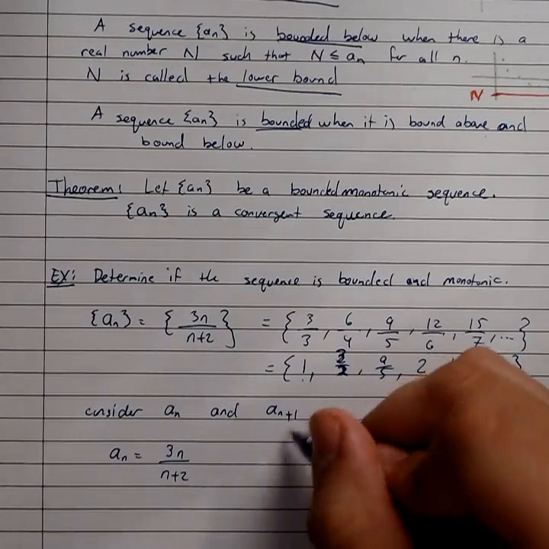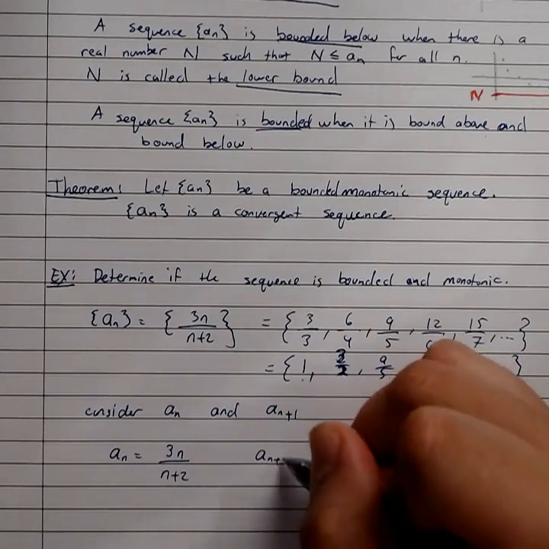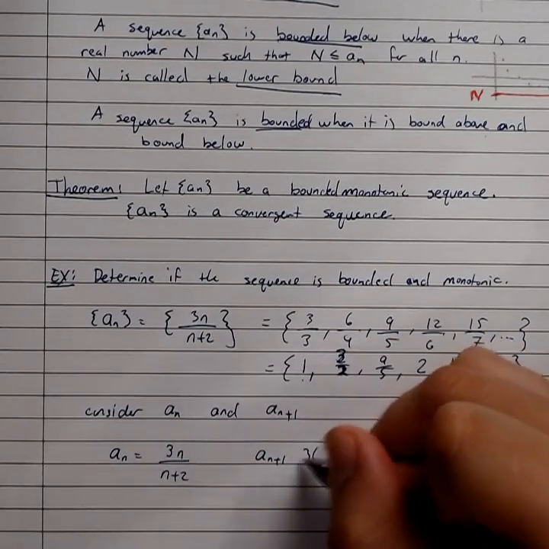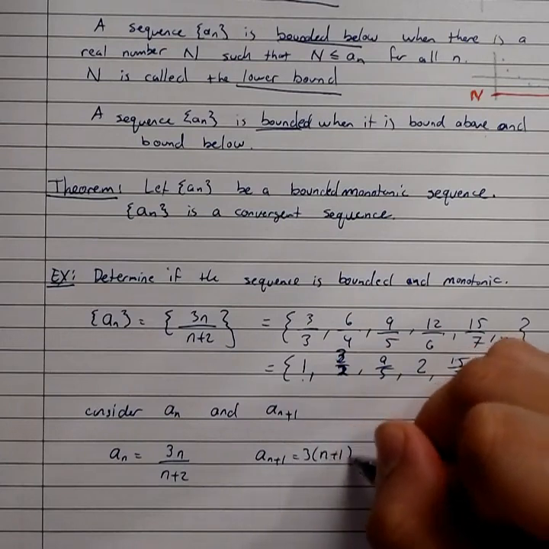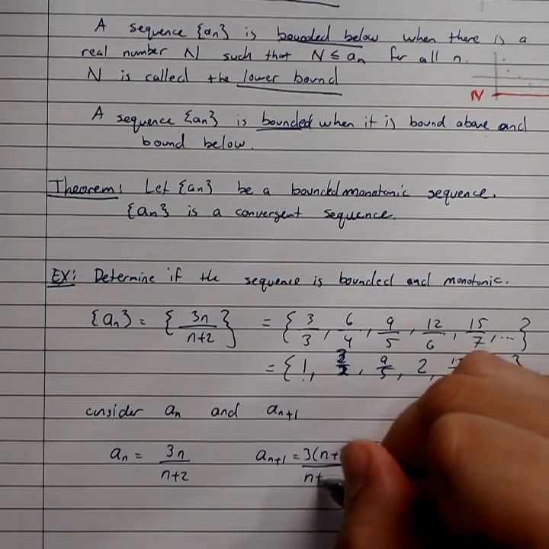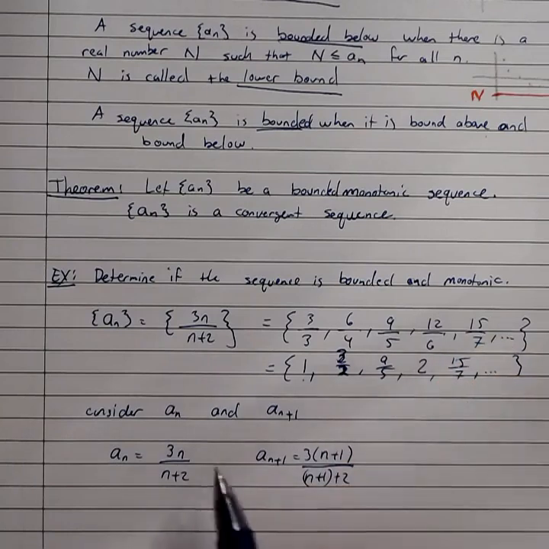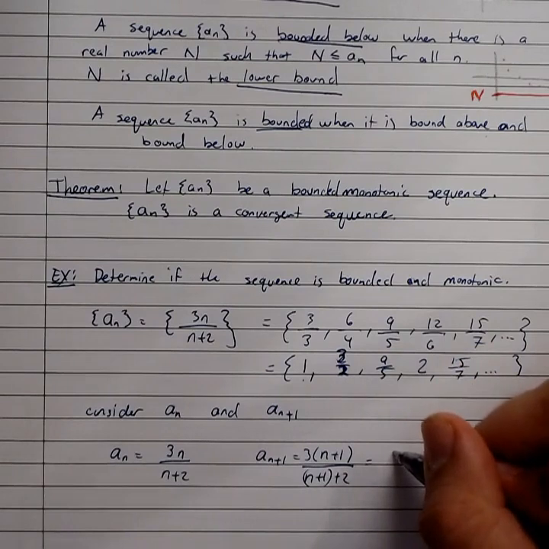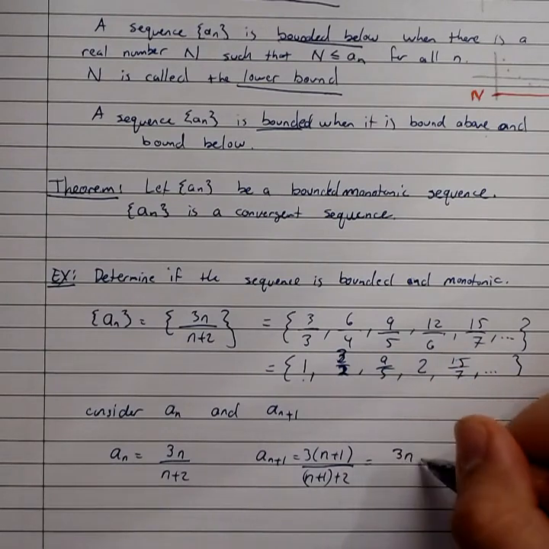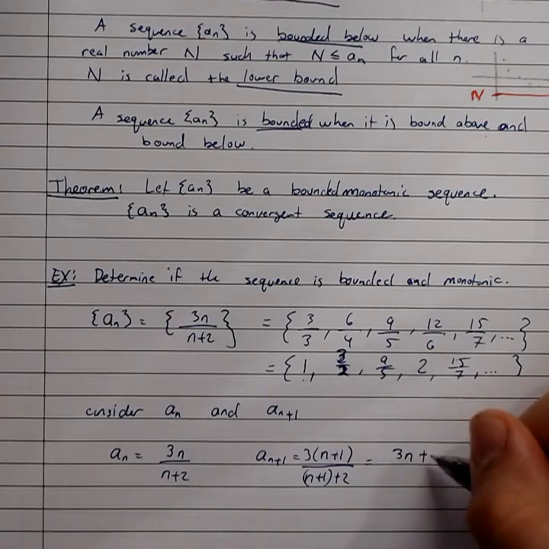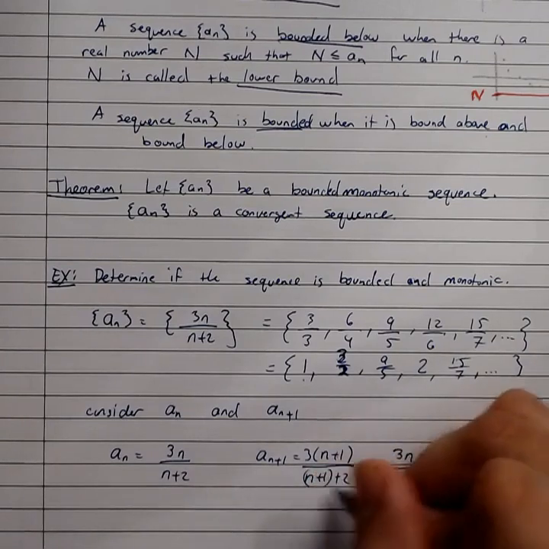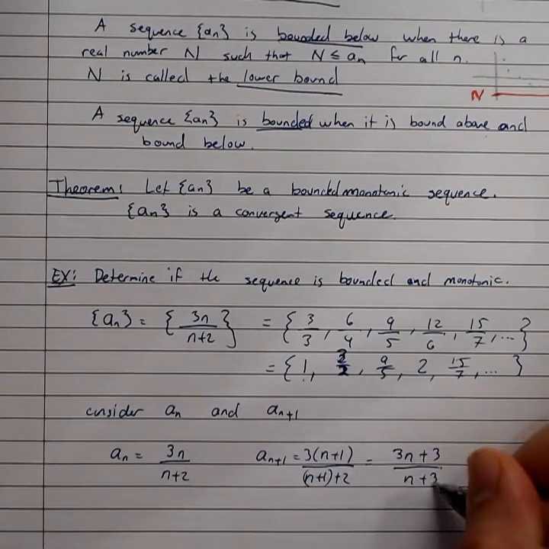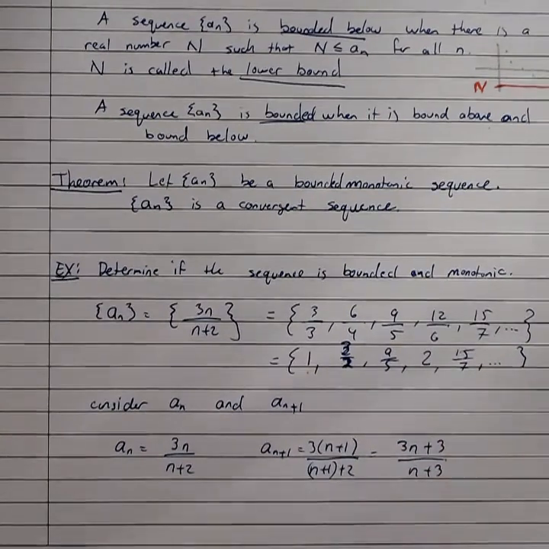And consider the n plus first term, which is going to be 3 times n plus 1 over n plus 1 plus 2. So here, this n is simply becoming n plus 1, which I could rewrite as 3n plus 3 over n plus 3. All right, n plus 1 plus 2 is n plus 3.